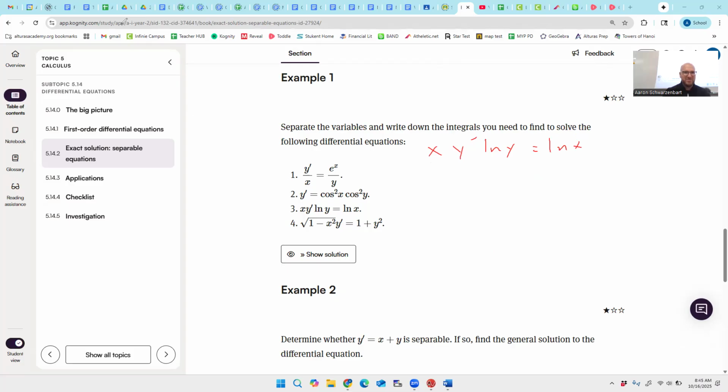So I want to divide both sides by x, correct? Oh, I'm looking at the wrong one. You're looking at 4? 4's got some trick to it. 4 is the kind where I sometimes miss the trick, but I think I'm getting better at it, because you didn't have to do that trick really in AP. So now I'm going to change my y prime to dy/dx.